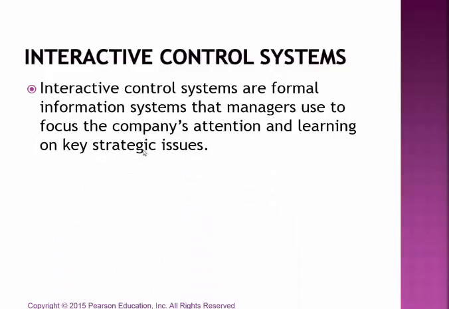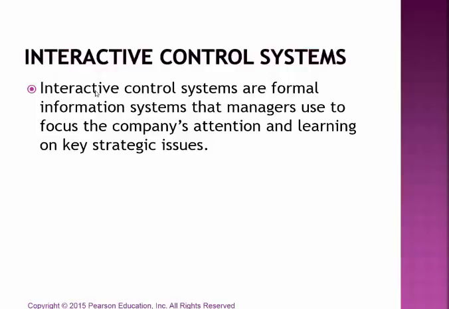Interactive control systems are the formal information systems that managers use to focus the company's attention on and the learning on key strategic issues. So again, interactive tells us a lot. It is a system that we can constantly interact with.